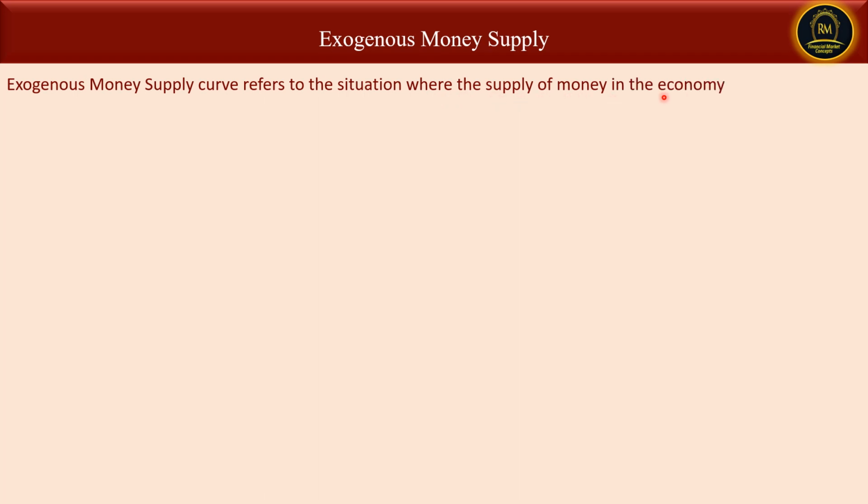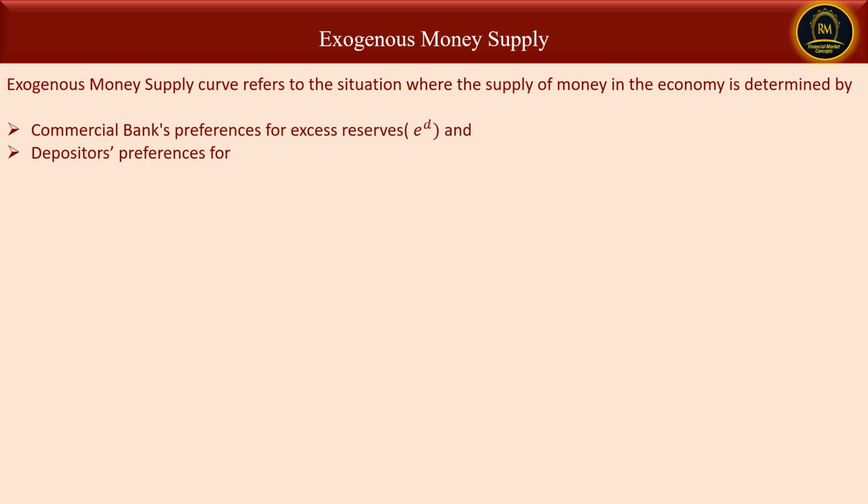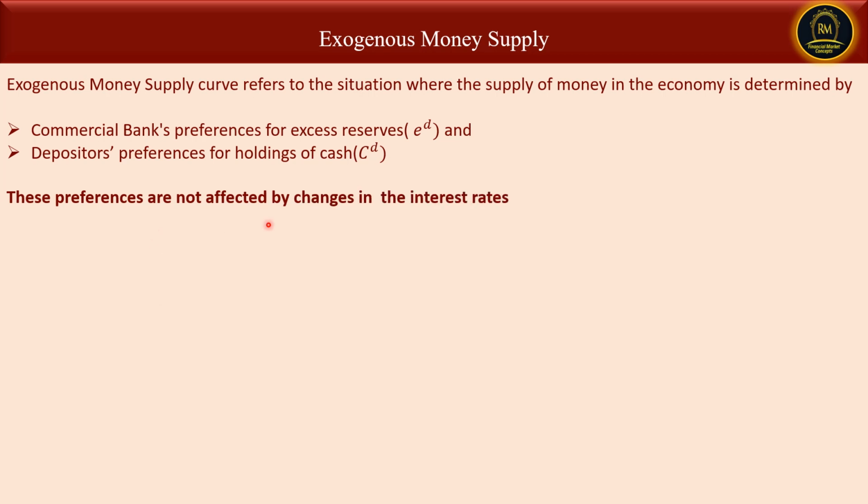So we can say that the exogenous money supply curve refers to the situation where the supply of money in the economy is determined by commercial banks' preference for excess reserve and public preference or depositors' preference for holding cash. These two preferences are not affected by changes in the interest rate.